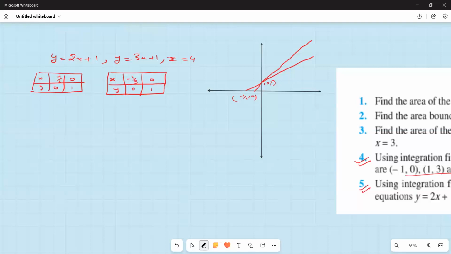And then x is equal to 4 is some line like this. Right? This is x is equal to 4. So if x is equal to 4, 4 is over here also. So this point will be, if I put x is equal to 4 in this one, this is your 2x plus 1. Na?